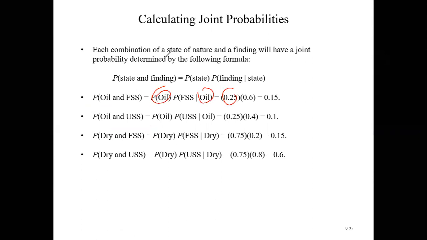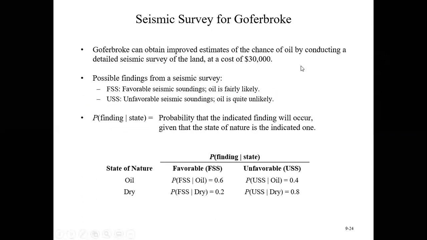Now posterior probability involves us incorporating that information plus any new information from the new survey, and we come up with a new posterior probability of 0.15. Let me close this out and go back to my previous slide here.